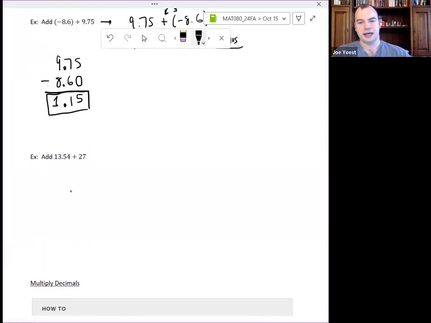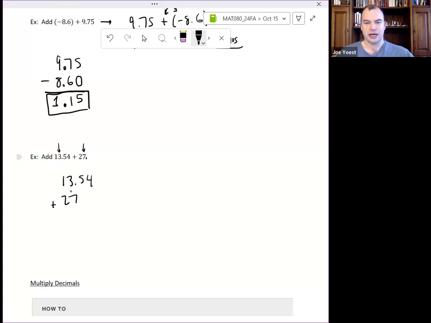And then lastly, what about adding, say, 13.54 plus a whole number, 27? Well, I know that 27, the 7 is in the ones place, so it should mesh with the 3. The 2 is in the tens place. It should mesh with the 1 that's in the tens place of the 13.54.